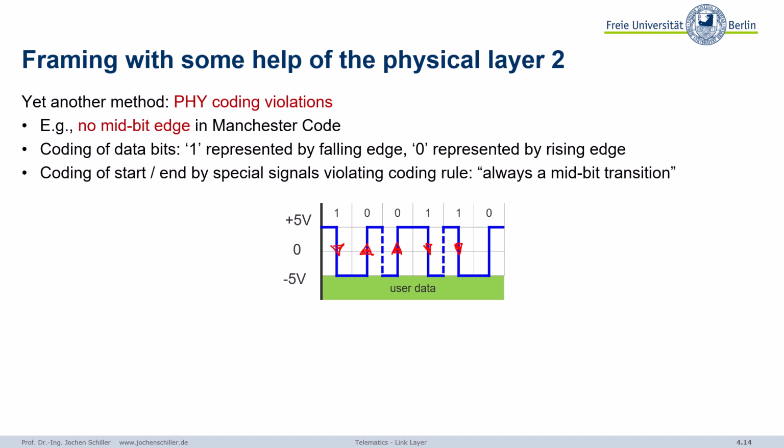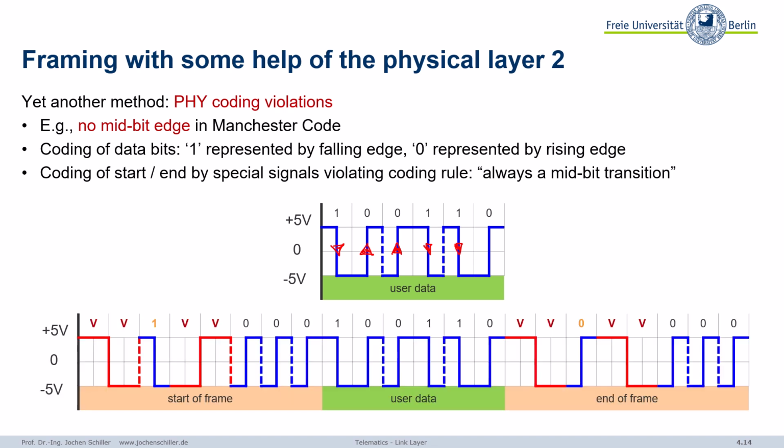And now we can violate this rule that we always have this transition in the middle of a bit. And we can violate it in a way that we say, okay, 2 times this violation, then we transmit a bit indicating the start, then 2 times a violation, and then 3 zeros.